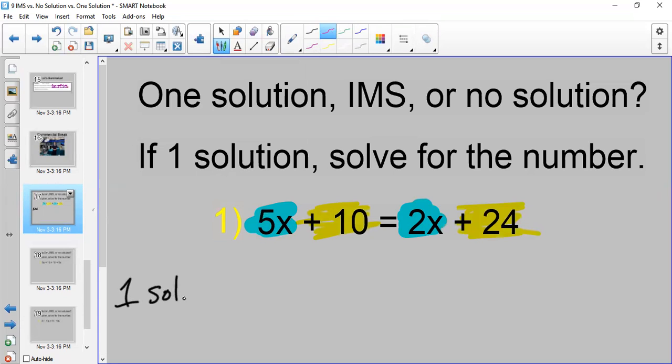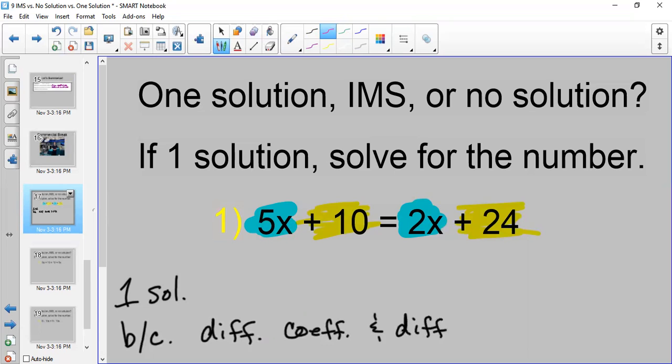And then there's a part in your homework and it says, I know this because we have different coefficients and we have different constants. Now there is one tricky part when there's one solution. I can't just say there's one solution. I want to know what is the actual solution.